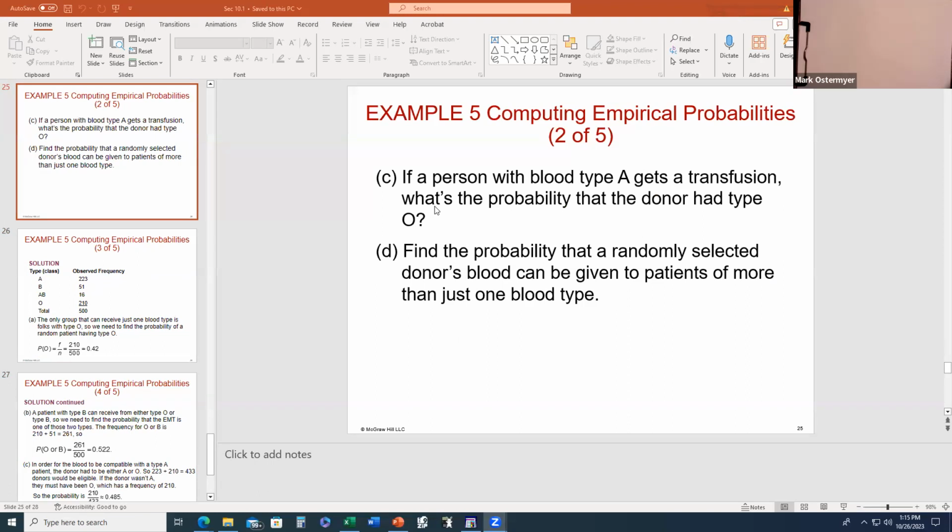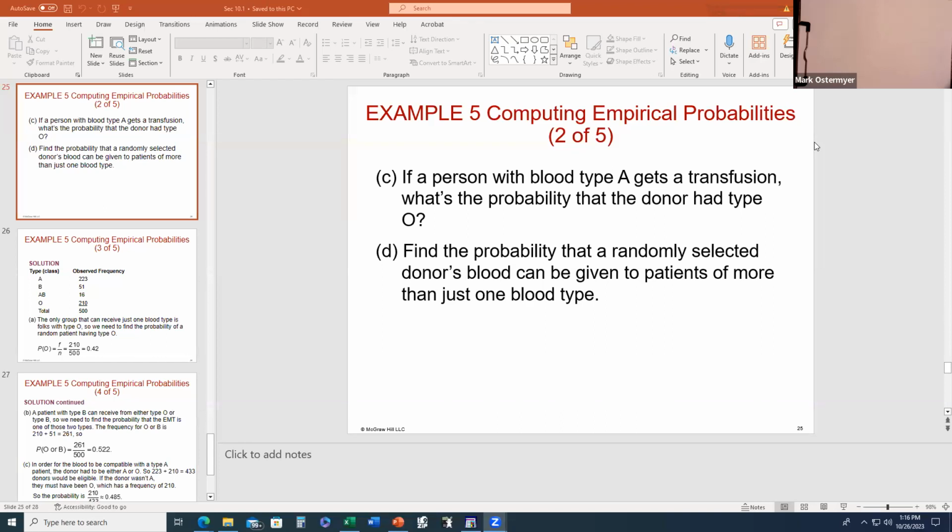There's an assumption in this problem that's not really being stated clearly. So this question is ill-defined. It's assuming that if we're going to give a transfusion to a type A person, then we would know that either A or O is compatible with A. So we could use a person with type A blood or O blood, which would be compatible with this person that requires type A blood.